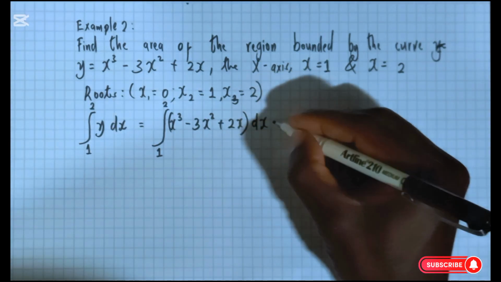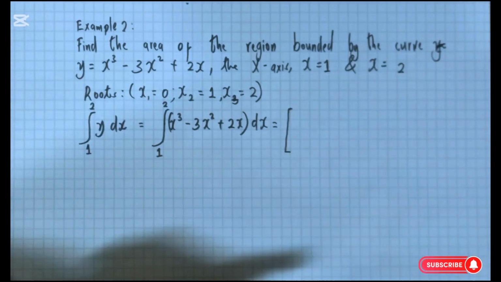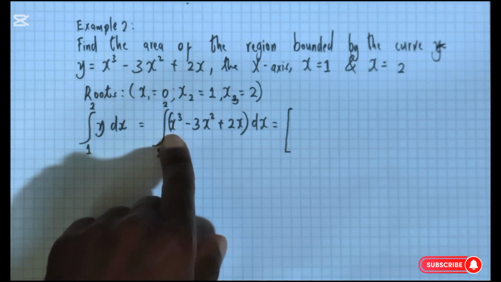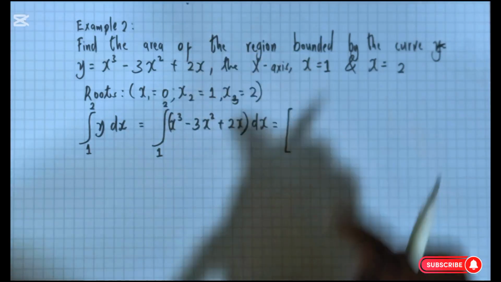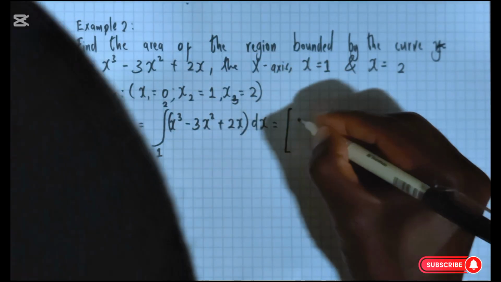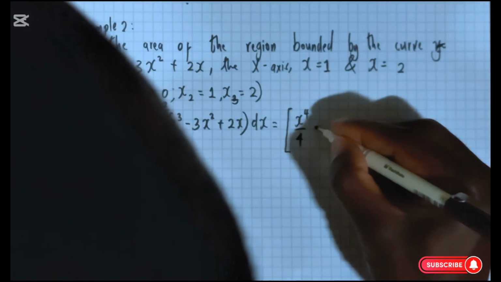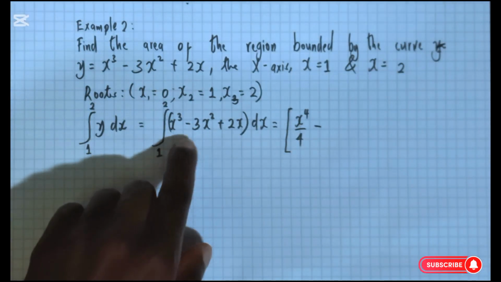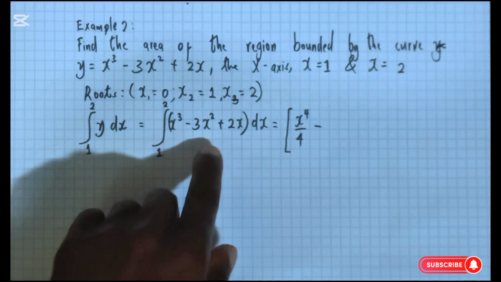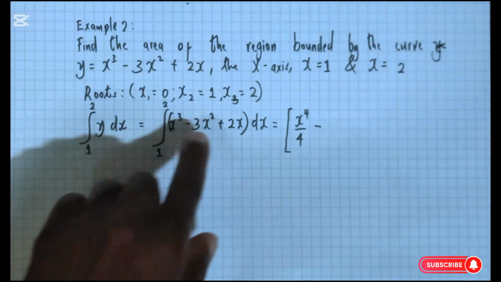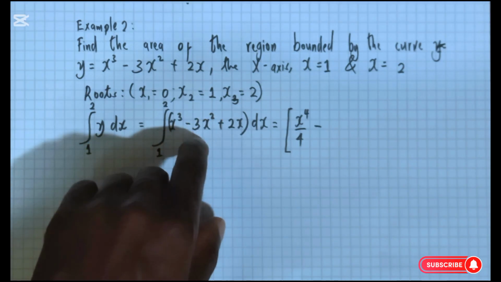When you do this particular problem, let's start by integrating x cubed. When you add 1 to 3, we get 4, so that's going to be x raised to 4 all over 4, minus, when you add 1 to 2, you get 3, so that's going to be negative 3x cubed divided by 3.